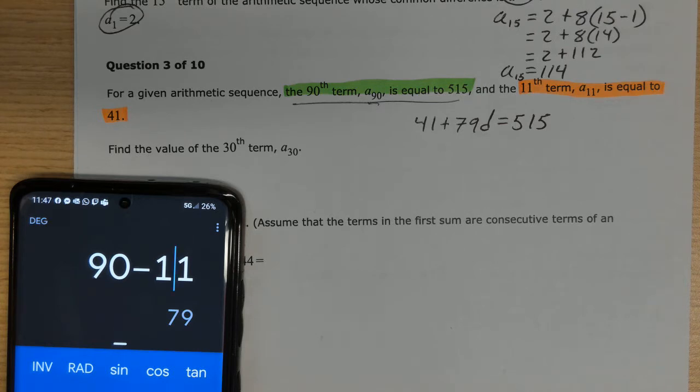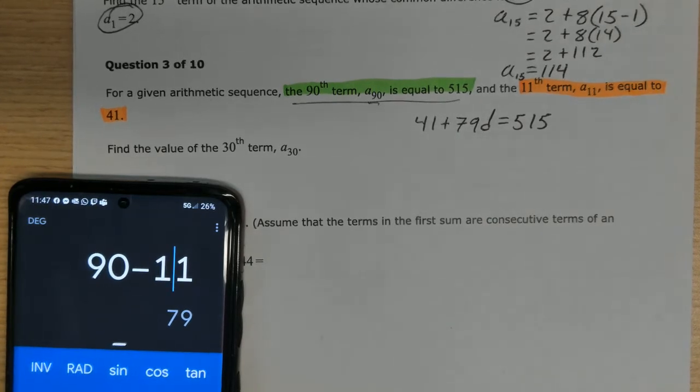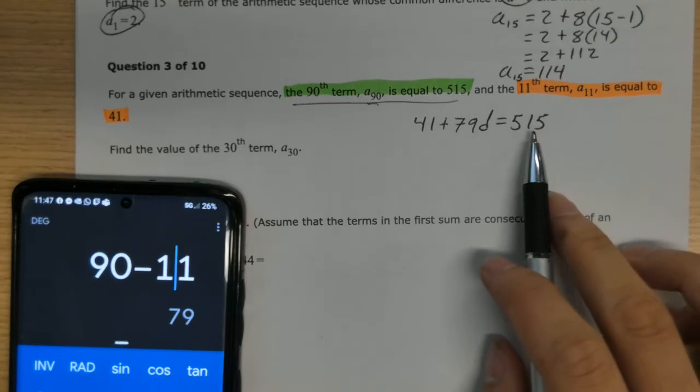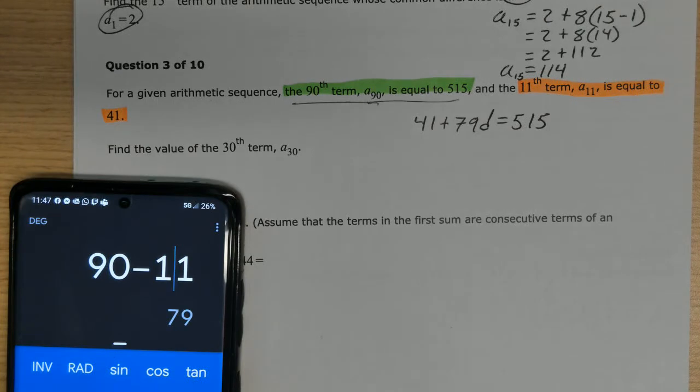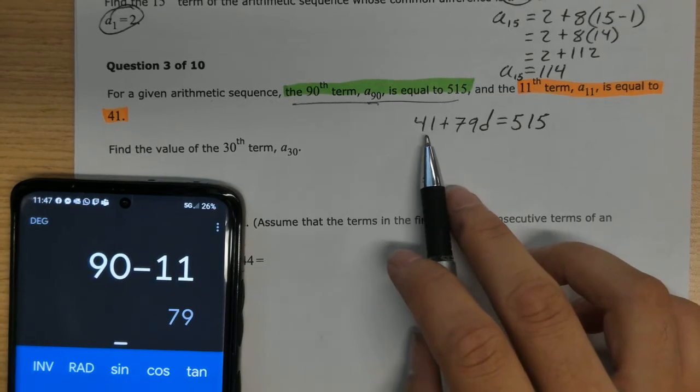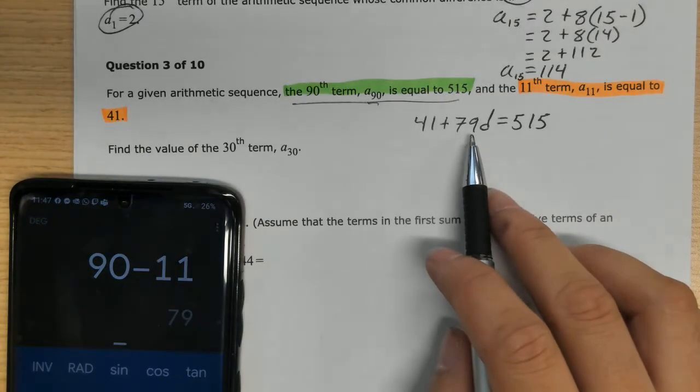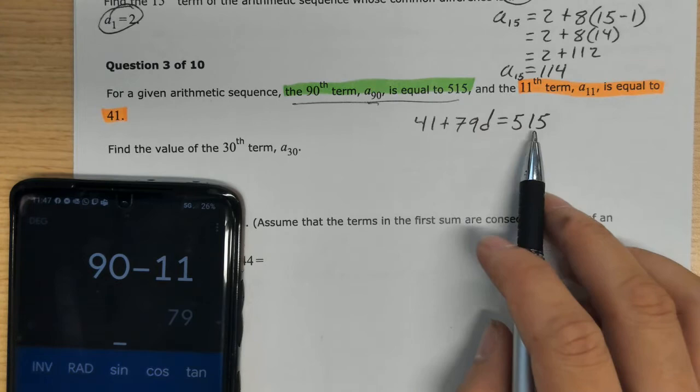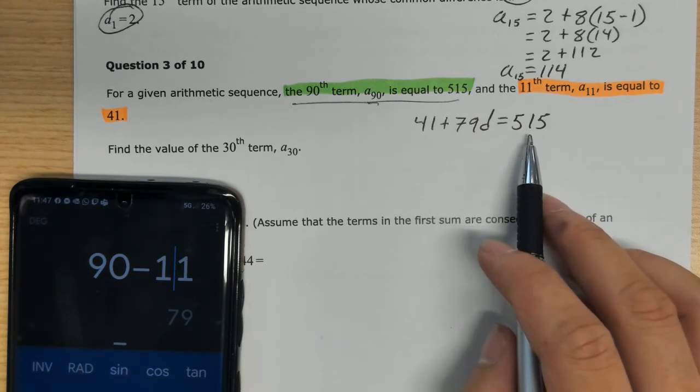So that's why I took the 41 first instead of the 515. The 515 is the 90th, so it's the term after. So to 41, I added the common difference 79 times to get to the 90th term.